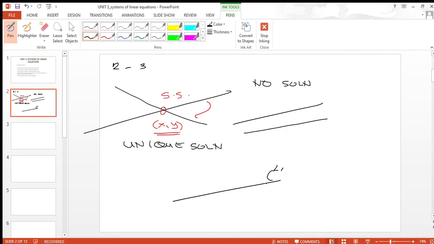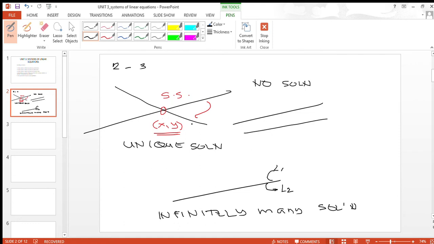So let's say that's the graph of line 1, and this is also the graph of line 2. If this is now the case, then our system will have infinitely many solutions because each ordered pair will now satisfy both equations.